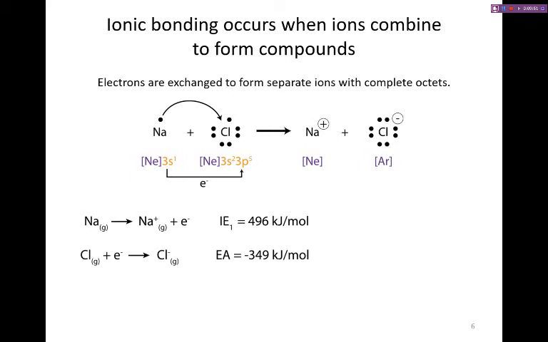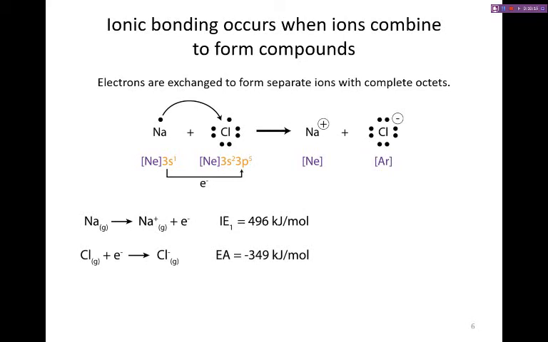Now, if we take a look at the individual steps, you should recognize that taking sodium metal and forming sodium ion and releasing that electron is the ionization energy. Ionization energies are always positive, and chlorine gaining that electron you should recognize as the electron affinity. In most cases, the electron affinity is negative.